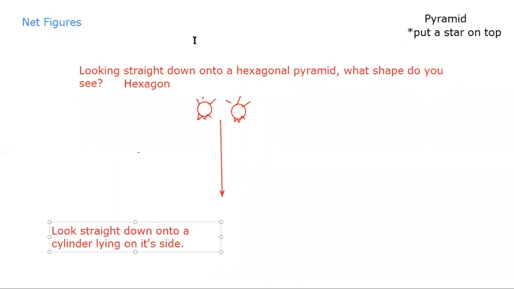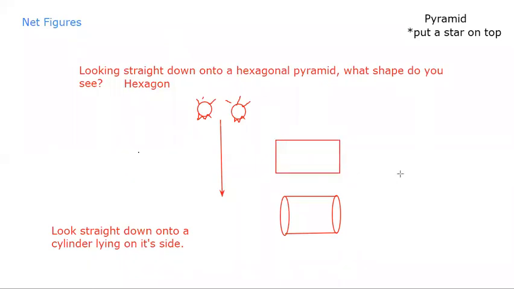So actually what you are looking at is this. It's laying on its side. But what will that look like from in the air? What will you see if you look straight down on it like that? Your aerial view of that is simply a rectangle. You can't tell that it's round. All you see is that shape when you're looking straight down onto it.